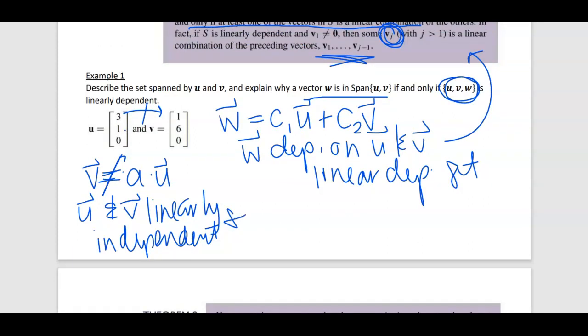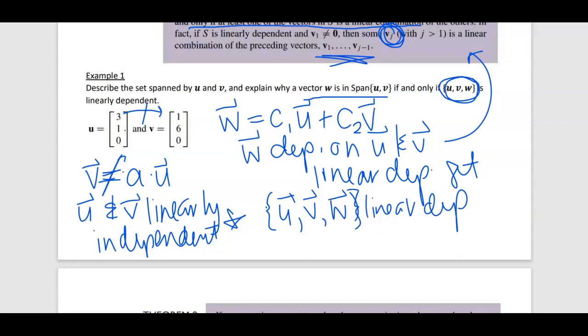Well, we know these things are true. So if the set U, V, W is linearly dependent, and it's not U and V, then W must be equal to a linear combination of U and V. Well, then it's in the span, is what we say.